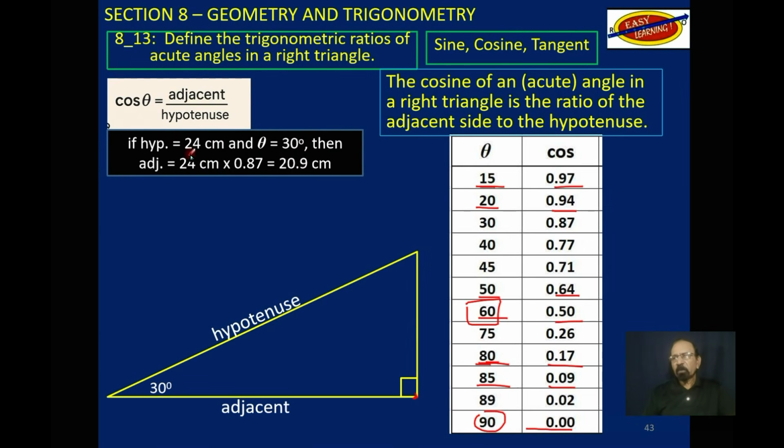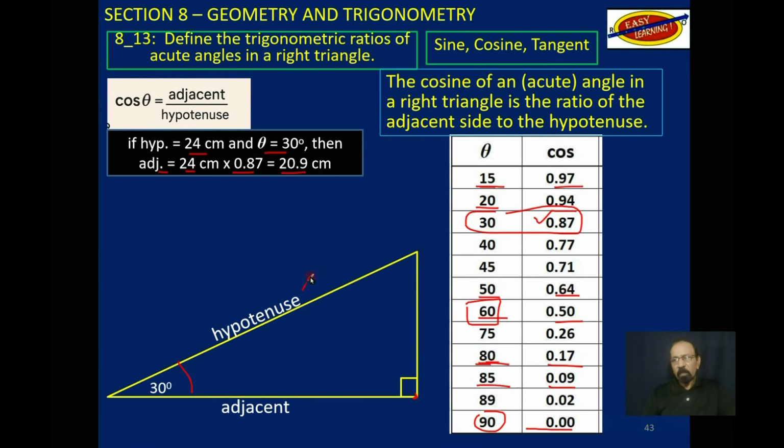So if the hypotenuse is 24 centimeters at 30 degrees, then the adjacent will be 24 times 0.87, which would be 20.9 centimeters, which is almost 21.